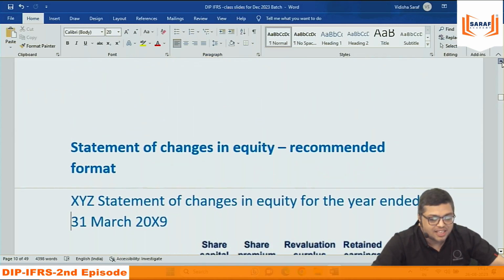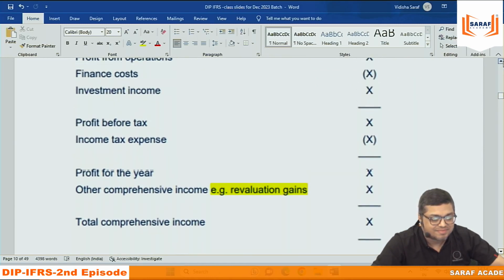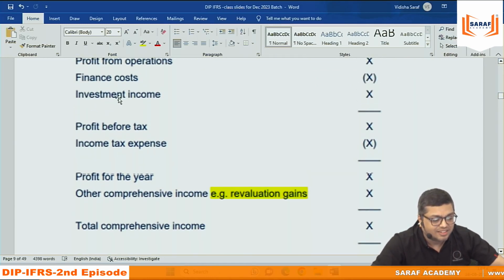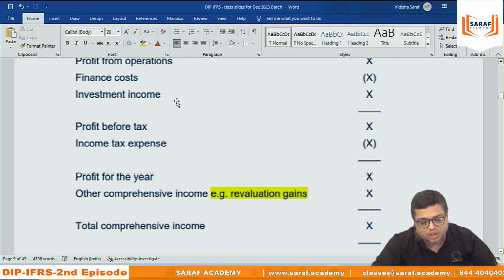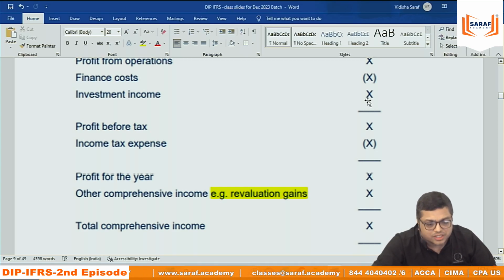Can anybody answer him? Investment income, it will fall under investment income. Whether you invested in a bank FD, a government security, or any company shares, and you are getting dividend or interest, those are investment income. They are part of profit for the year, part of net profit.